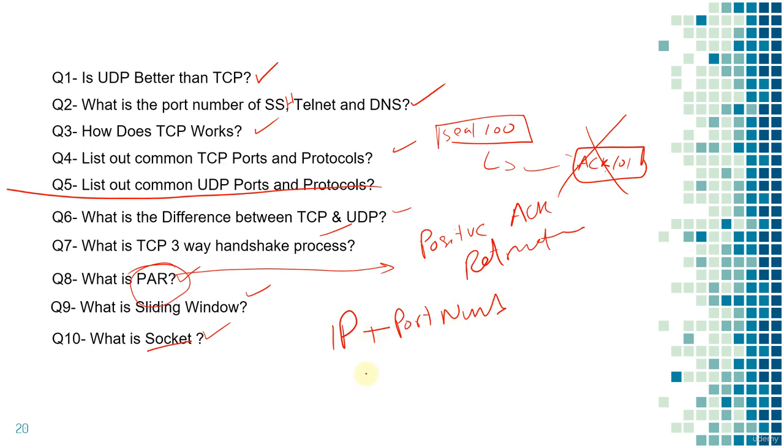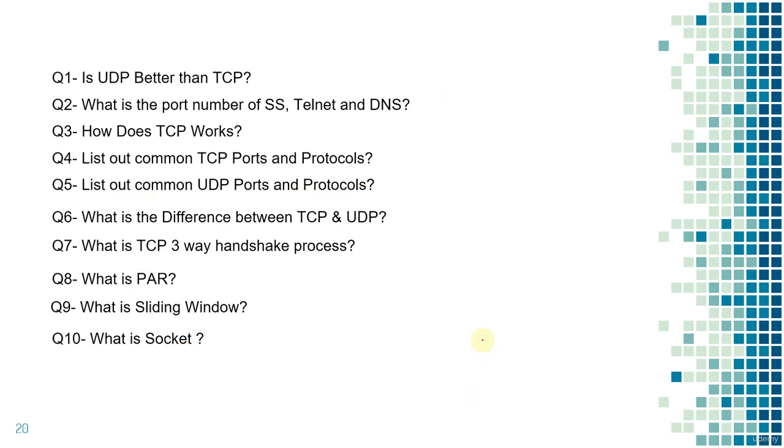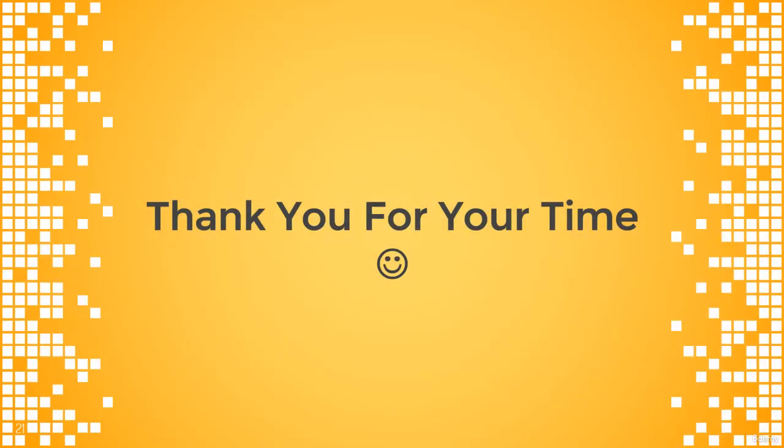For example, 192.168.100.1 with port number 443: the combination of IP with port number is called a socket. And the rest of these questions you have to solve and submit to the GSS. So with that, our TCP and UDP session comes to an end. Thank you for your time.